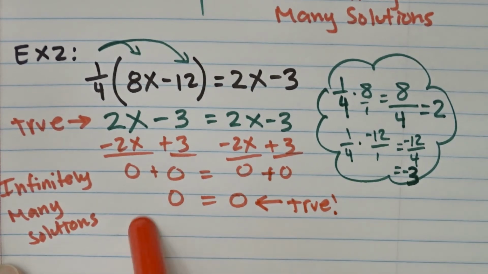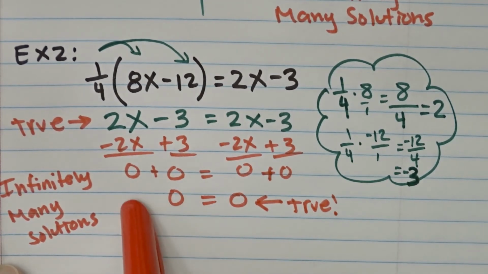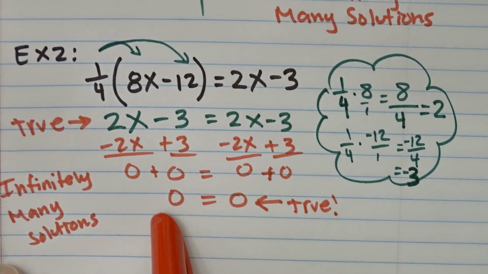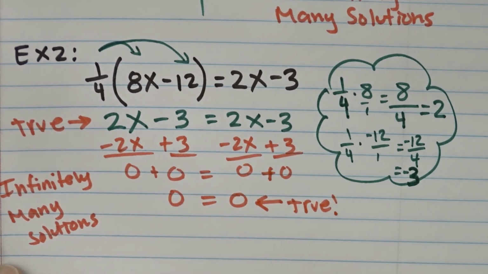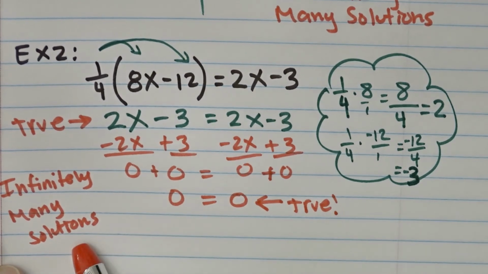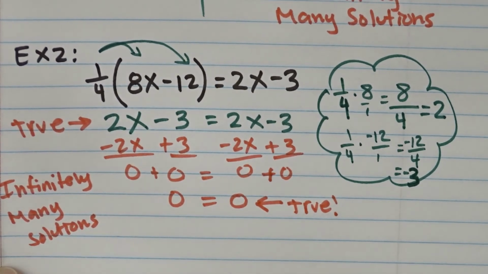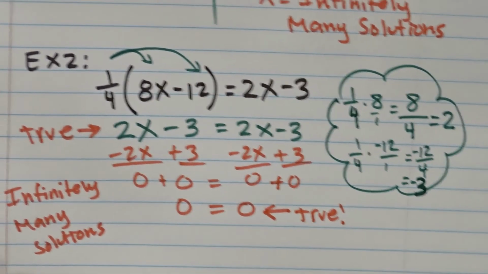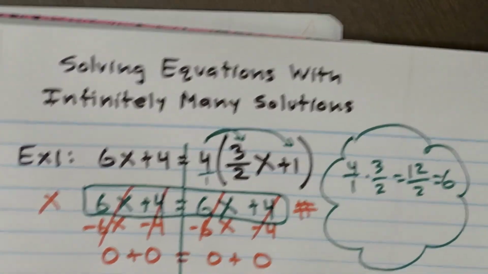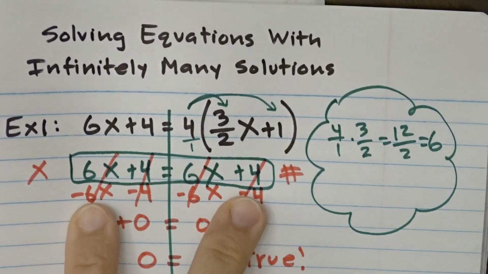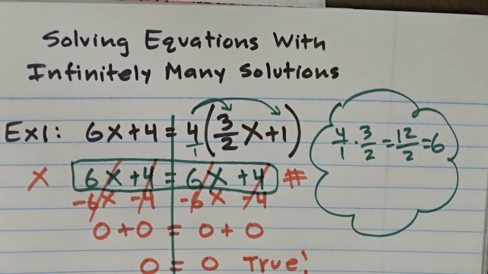And so therefore you tell yourself, wow, no matter what, the left side will always equal the right side. So no matter what x I put in there, it'll always work. So there's infinitely many solutions. x is all those answers. And that's how you solve equations with infinitely many solutions. It's just an equation where both left and right side will be equal to each other.